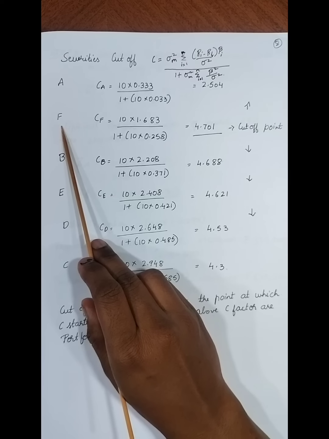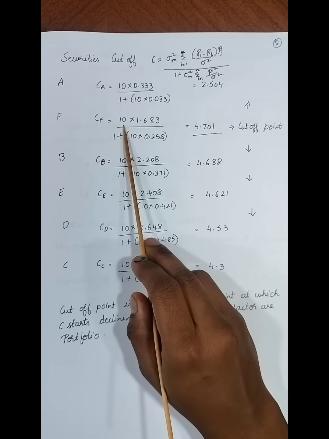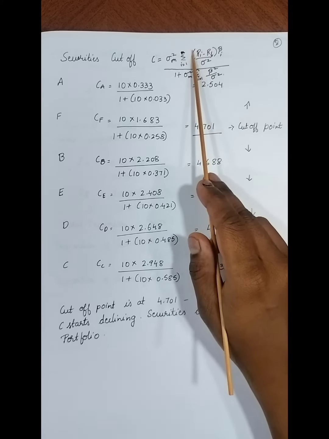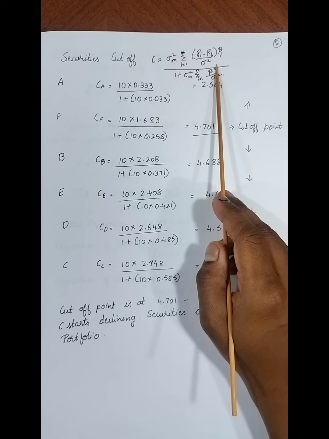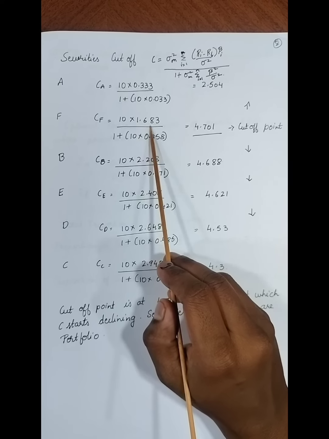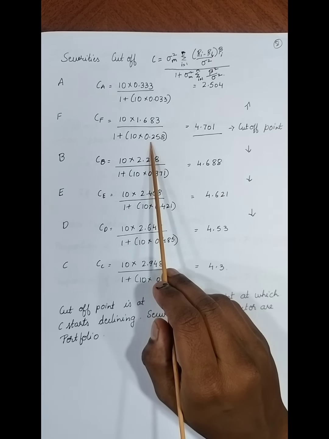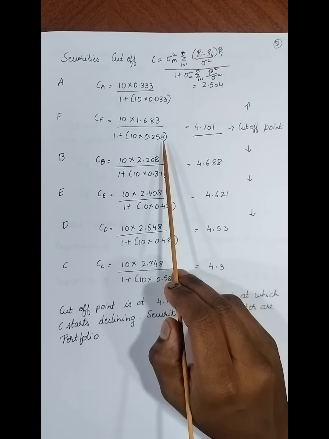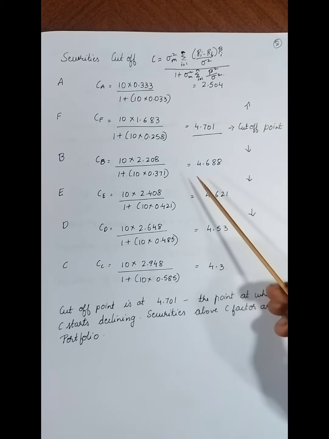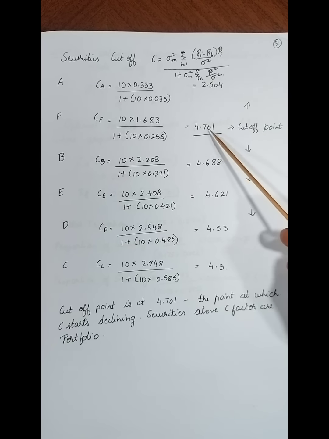Similarly for F, cutoff for F, market variance into the value that we have already calculated in the previous table, 1.683 divided by 1 plus 10 into 0.58. So you substitute the values for each of the stocks and we get the cutoff values as follows.